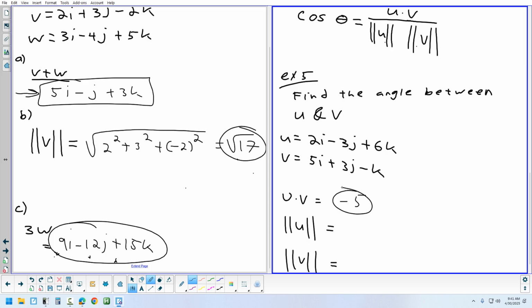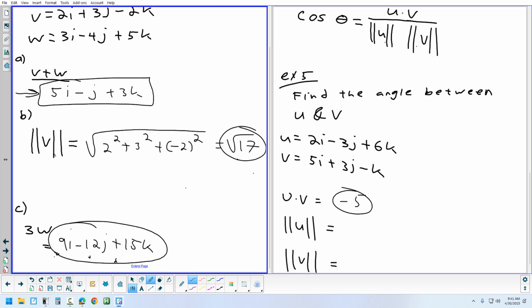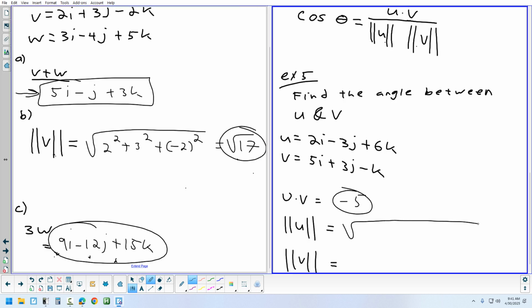Now the magnitude of v. Right, so now we want to do what we just did in example B for the problem a couple problems ago. So we got square root, and remember you've got 3 different components. They're all going to be added together and squared.